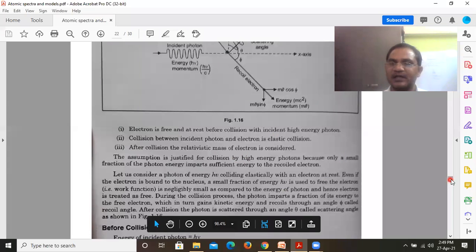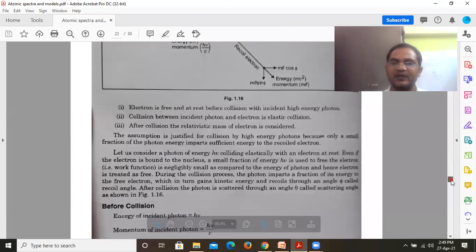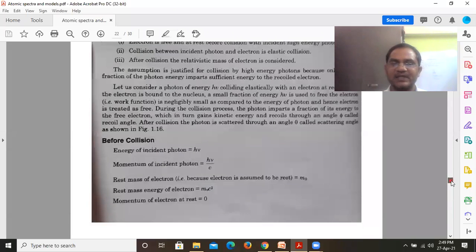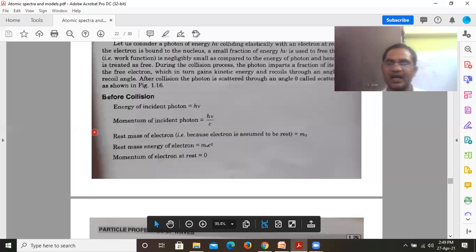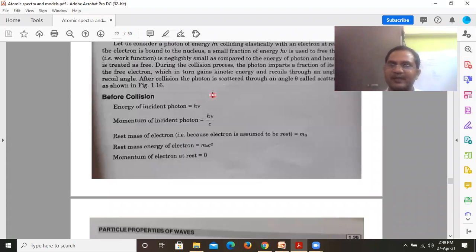Rest mass m naught, equivalent energy m naught c square, that we know. Before collision, let us write all the steps. Energy of the incident photon h nu, already explained in the figure. Momentum of the incident photon h nu by c. Rest mass of electron equal to m naught.